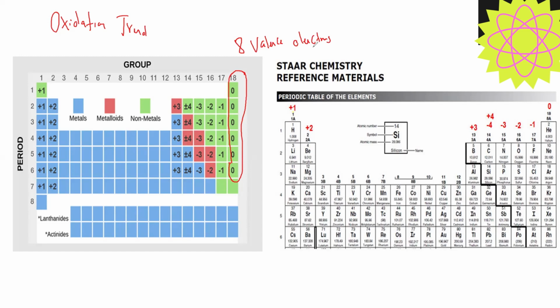So that means that they are stable. Okay, they are like the perfect guy. Because they are in the group number 8 or 18, it is the same. So they don't need valence electrons to be complete.